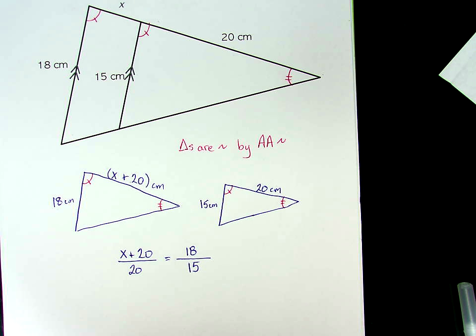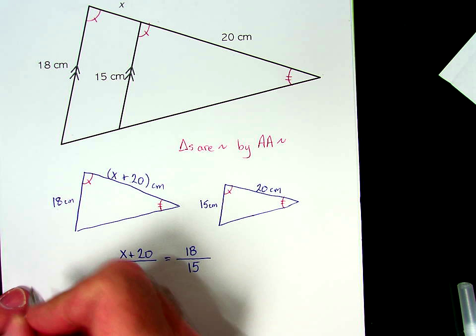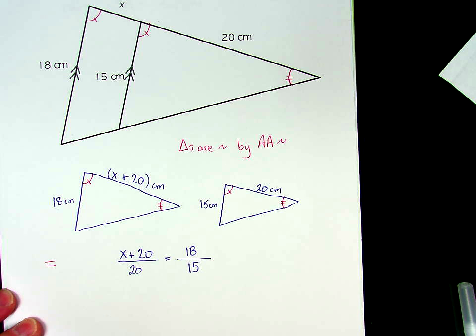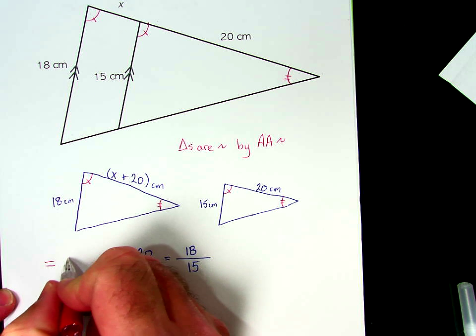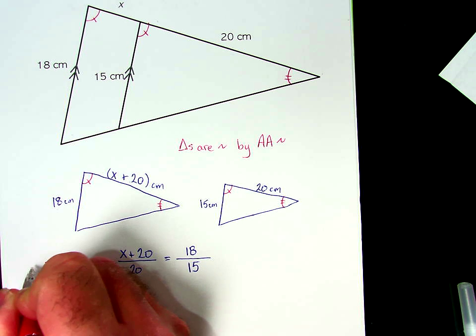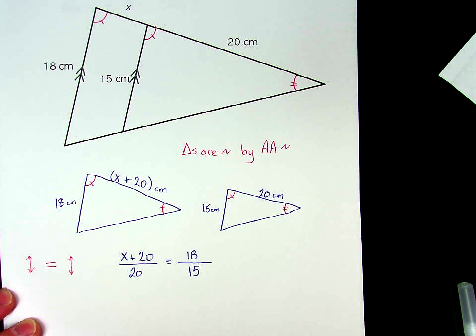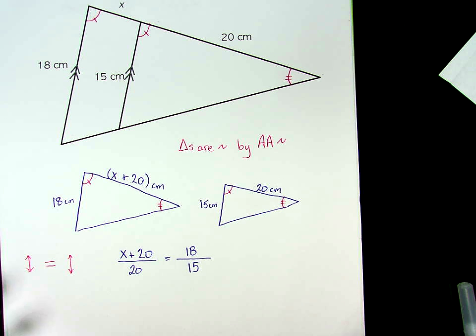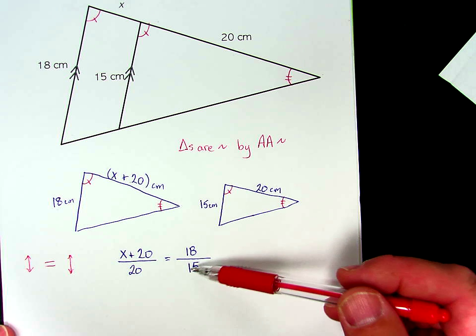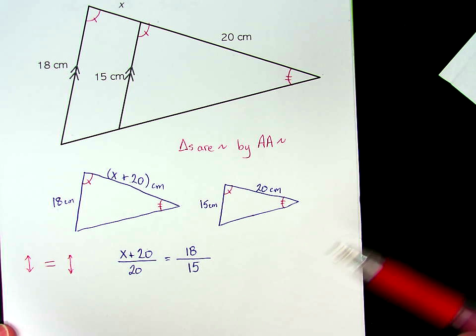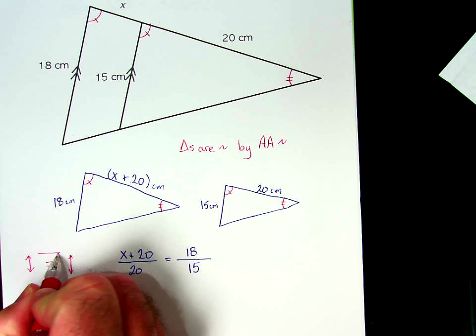Now, I can make this proportion a little bit easier to work with by reducing. In a proportion, remember that means two ratios equal, I can reduce vertically, just like we always do with fractions, but because I could switch things on the diagonals, I could also reduce horizontally.